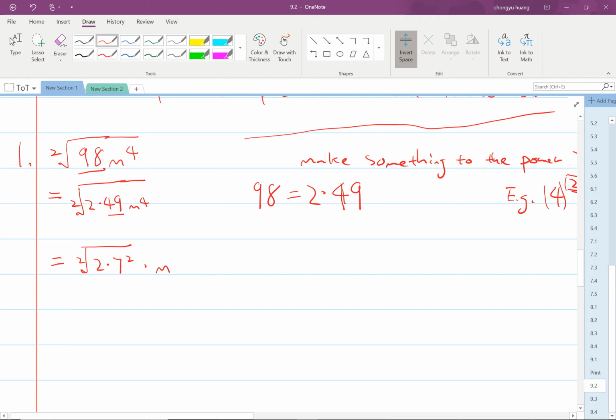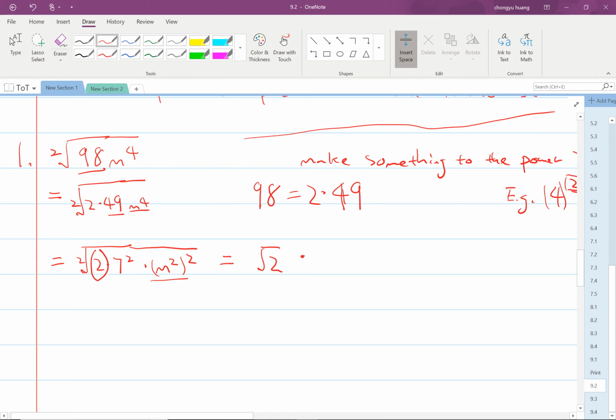And m to the power 4 is equal to m squared, to the power 2. Now we are going to apply some property. We have a single 2 over here, so you can just move this outside.